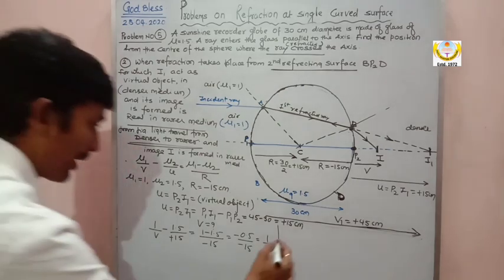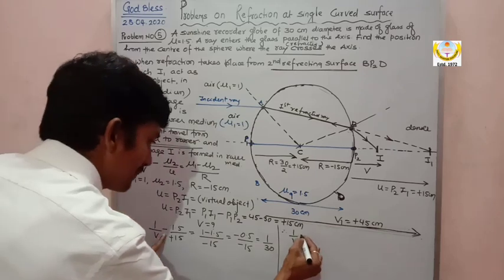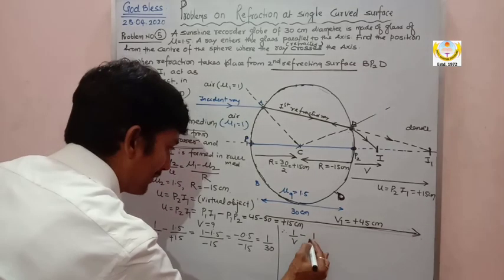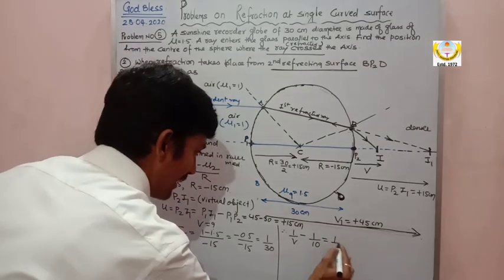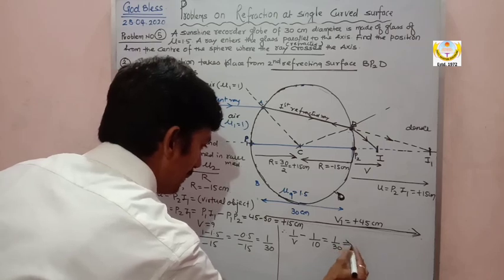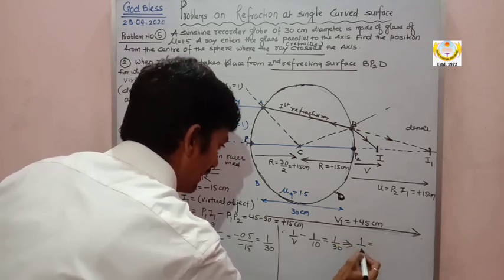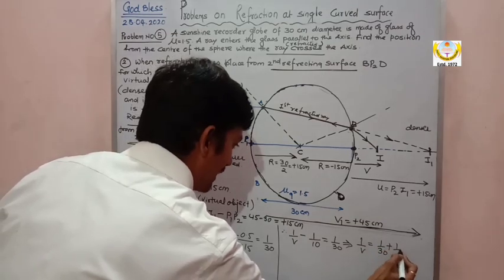So now my dear, what will I get? 1 by V minus 1.5 divided by 15, which is 1 by 10, is equal to 1 by 30. So 1 by V is equal to 1 by 30 plus 1 by 10.